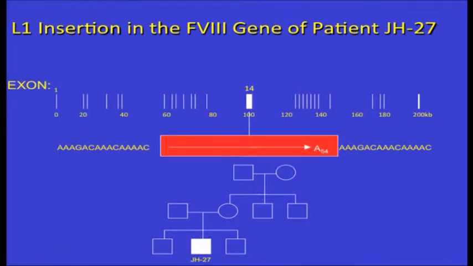His mother, as you can see here, was not a carrier of the insertion. And so this insertion had occurred either in a germ cell of the mother or early in the development of this young man.